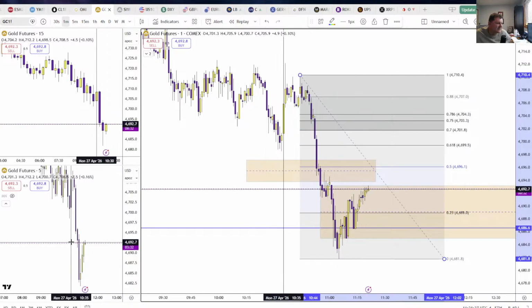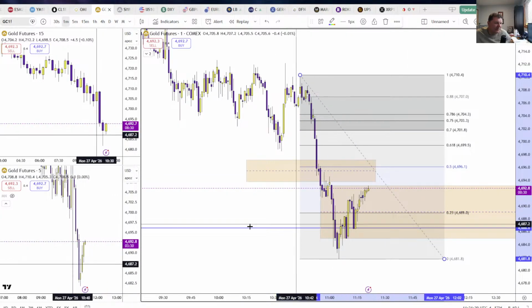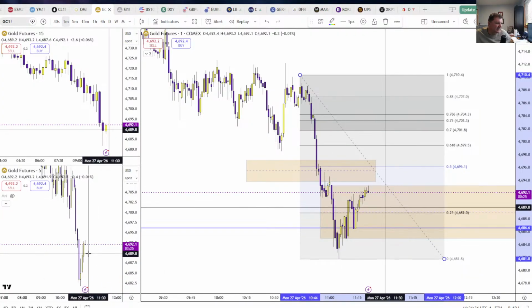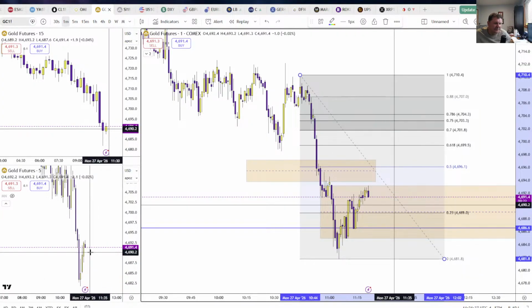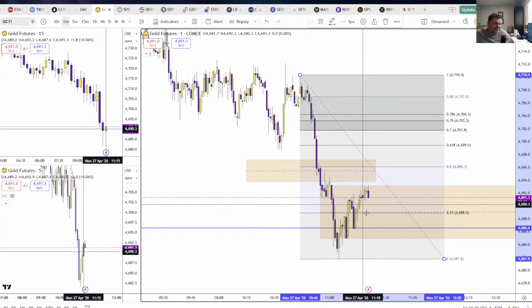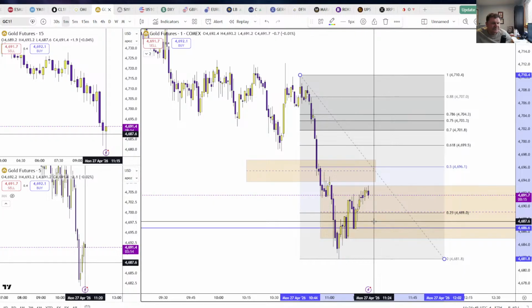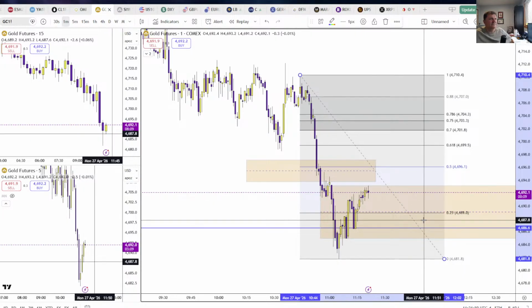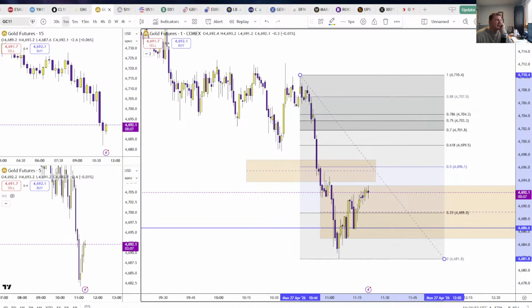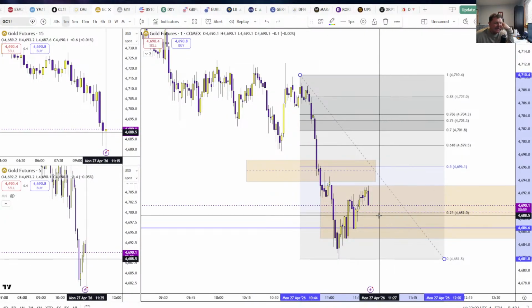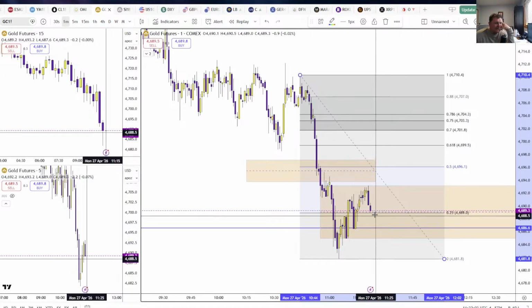We've got a close above here on a 5-minute now. So we've got a 1-minute change. We got a 5-minute change. So this is all looking good. I'd like to see it come back down into at least here would be great. Let's see if we can get a push up on the model there. Come on. Right there, pop.